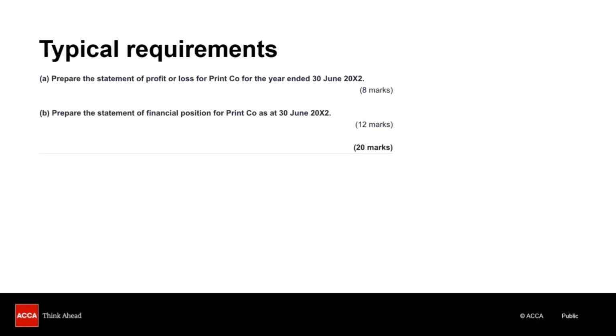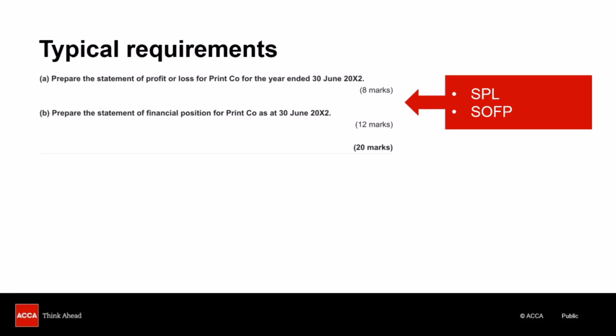We will discuss the easy marks shortly, but these are the figures which you have to pick up from the question as they are and place in the answer format. The examiner has to allocate marks to them, even if they are 0.5 mark per figure. So automatically the adjustments are going to be easier. This was one of the examples in a past exam paper. Here you had to make two statements, the statement of profit or loss and the statement of financial position.